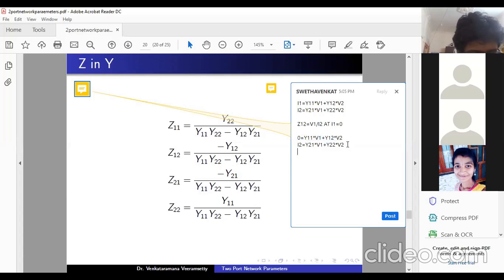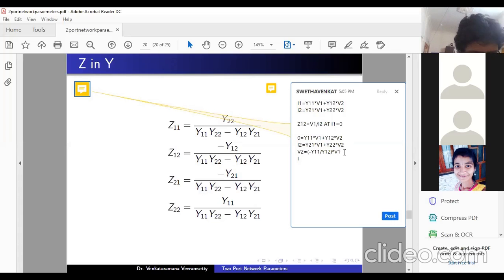So we can write V2 equal to minus Y11 divided by Y12 into V1, right? Okay, Nama? So now replace this V2 expression here.